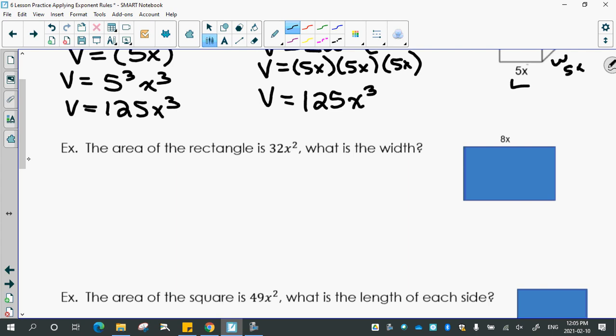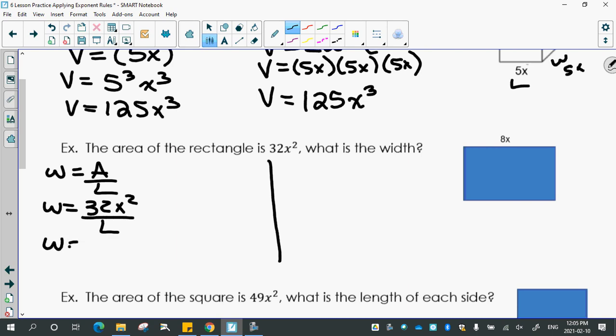Okay, so there's two camps here. One camp is doing width is area divided by length, subbing in the area, subbing in the length, 8x, and then dividing: 32 divided by 8 gives them 4, and x squared divided by x, remember there's a little 1 there, so it's x to the power of 1, which you don't need to show. Okay?